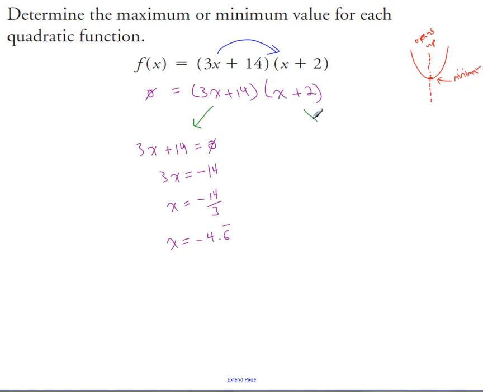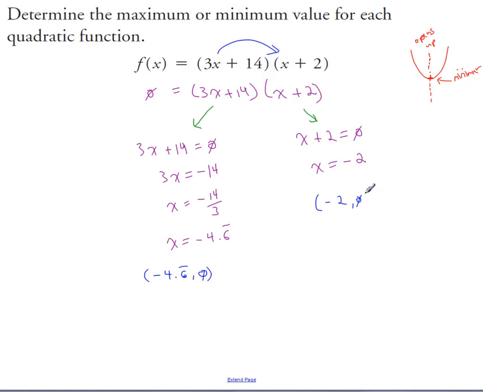How about my other one? Oh, this one's going to be nice and easy. x plus 2 equals 0. Well, that's going to be x equals negative 2. So those are my two x-intercepts. So I've got negative 4.6 repeating, and 0, and my other one is negative 2 and 0.